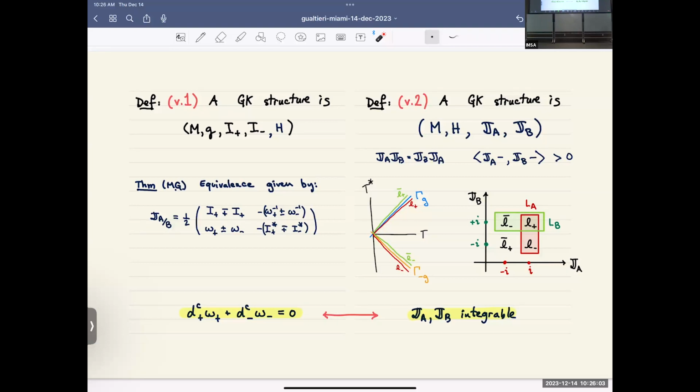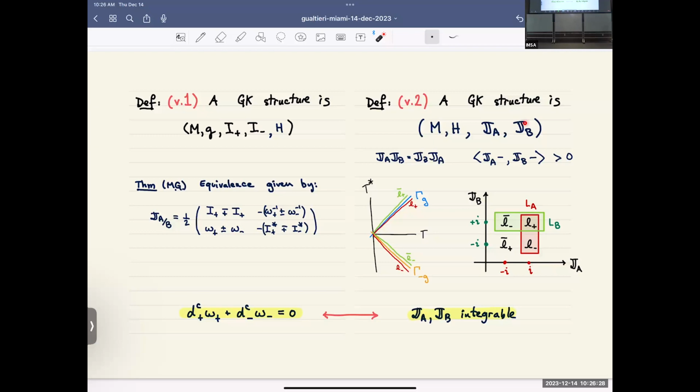And the idea is that you can see that because JA is involutive, because JA is integrable, what that means is that the plus I eigenspace of JA, which I've called LA, should be closed under the bracket.